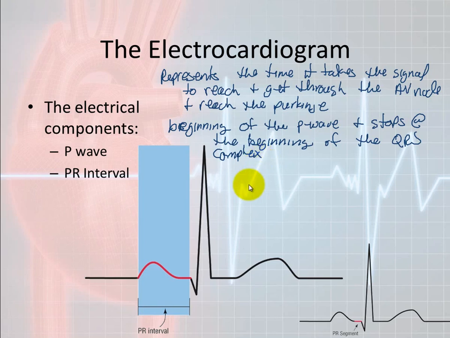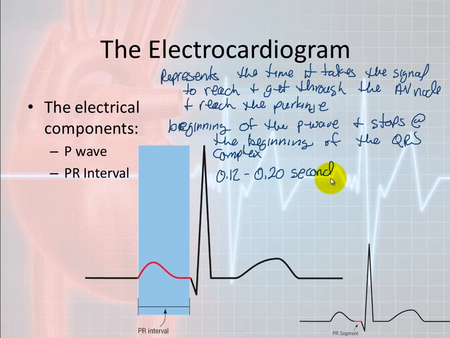Now the duration of the PR interval is very important because this may change your rhythm interpretation. The duration of the PR interval goes from 0.12 to 0.20 second. If it is outside of this range, that means that there's something else going on.